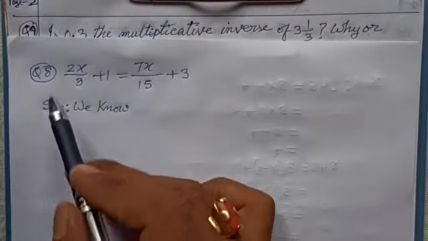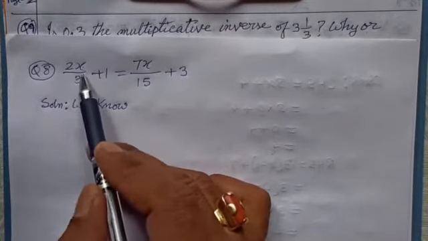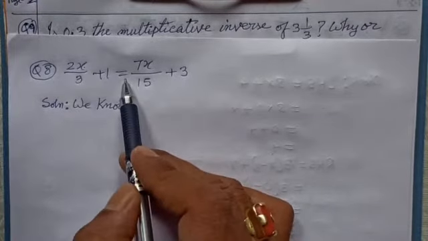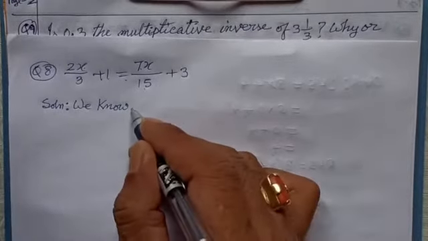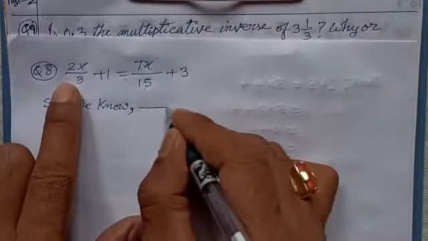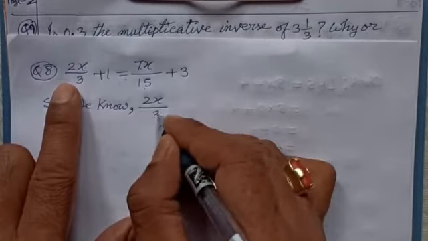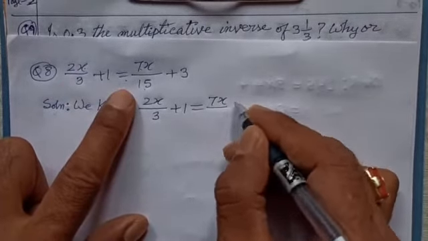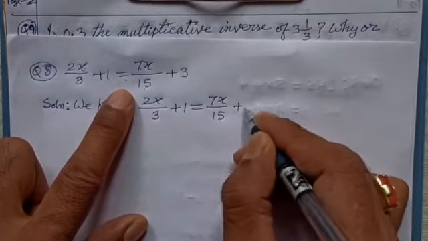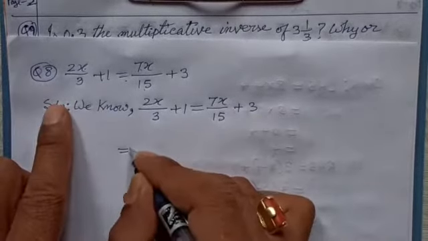Now question number 8. 2x by 3 plus 1 is equal to 7x by 15 plus 3. Now solution, we know. Copy the question. 2x by 3 plus 1 is equal to 7x by 15 plus 3. Now next steps.